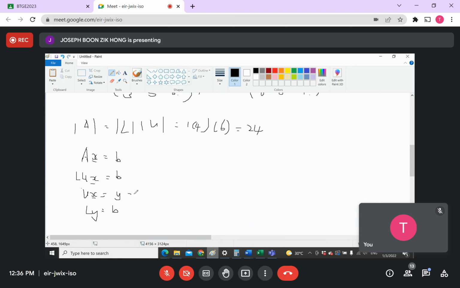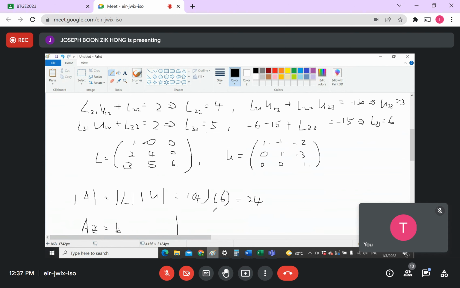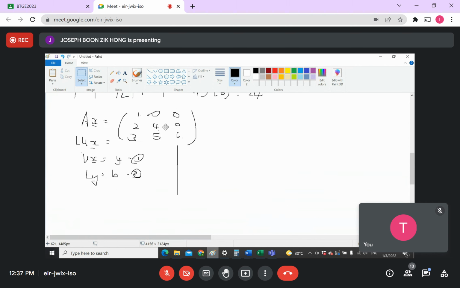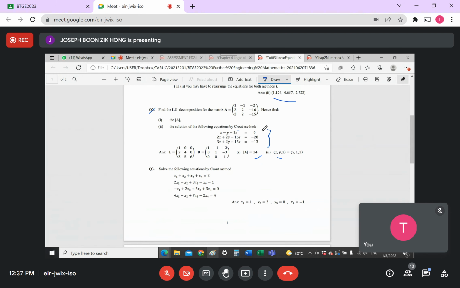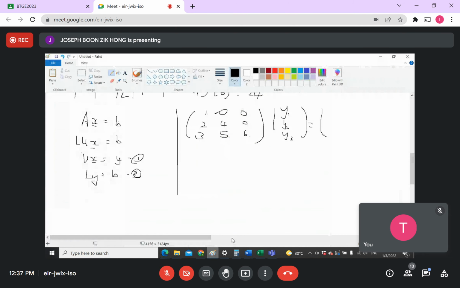So I have these two equations. So now we want to find the Y first. How are you going to find the Y? We use LY equal to B. So LY equal to B, what is your L? Your L is this one. So this one times your Y, which is Y1, Y2, Y3, equal to your B. What is your B again? Your B is 0, negative 20, and negative 13.